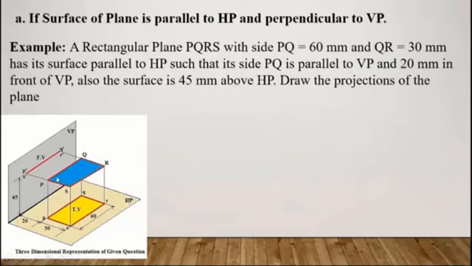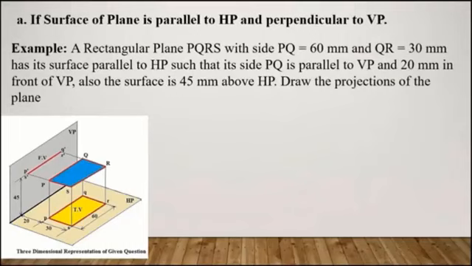So this is PQ, parallel to VP and 20 mm in front of it. Now as we can see, the true shape, that is the surface having this plane, will be visible in top view. So this is how you get the rectangle of true shape in the top view. So for this example we have to draw the top view first.